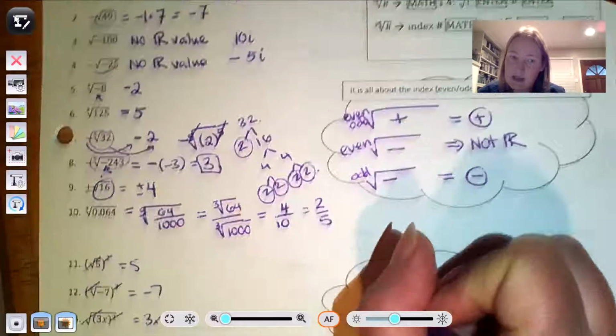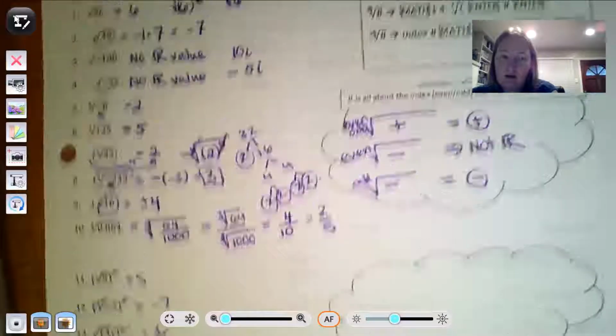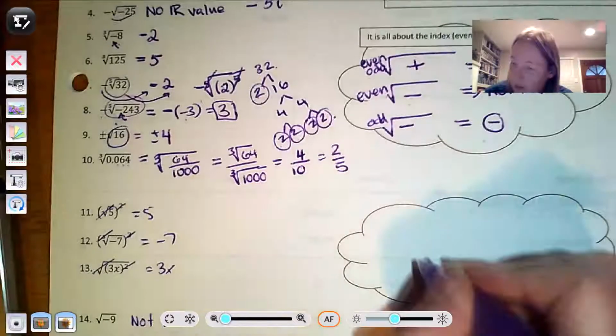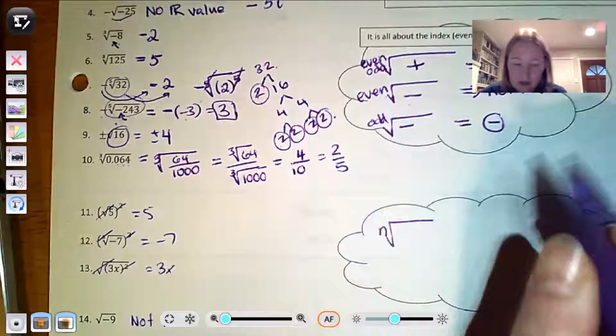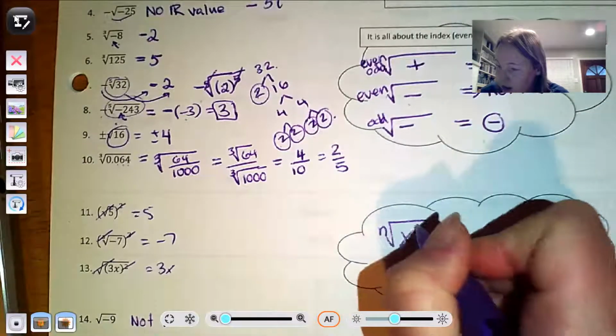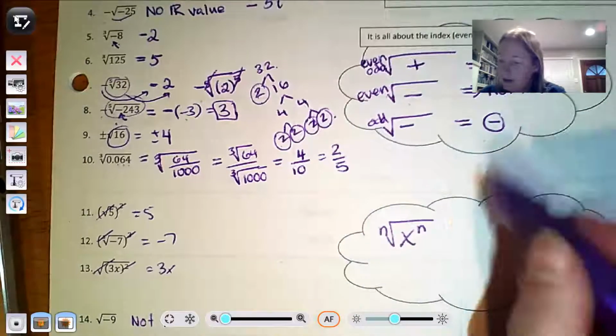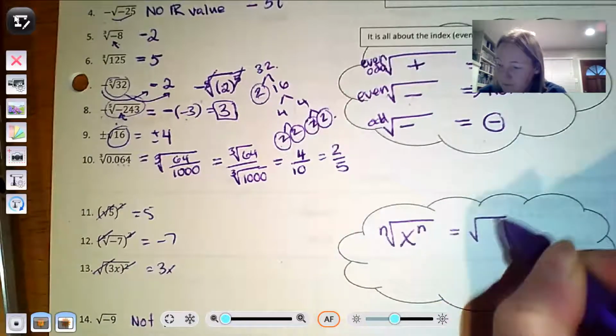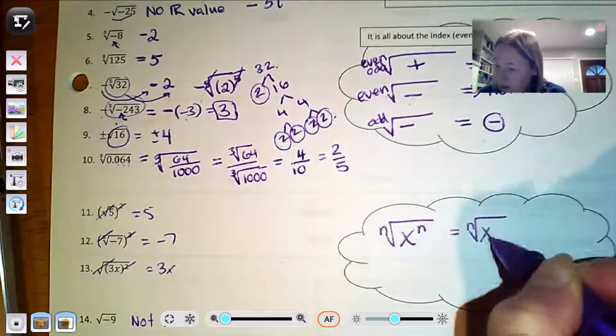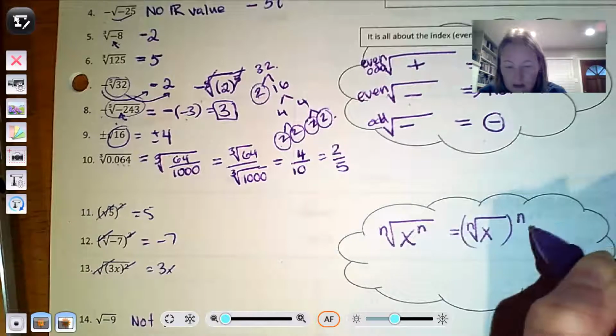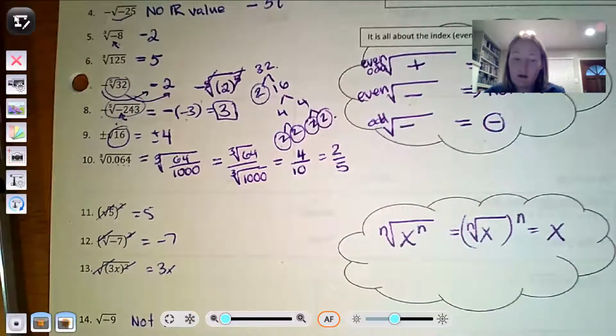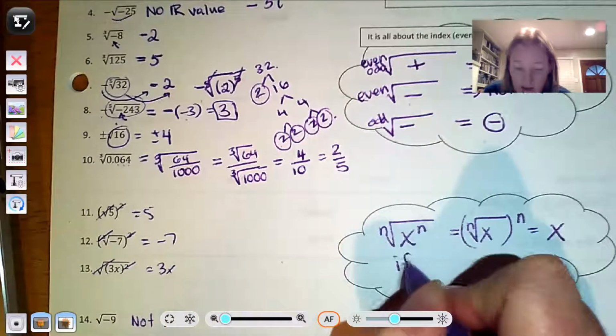Let me summarize the next chunk down here. When you have an nth root and you have something to the nth power, either like that or like this, it'll equal x if the n is odd.